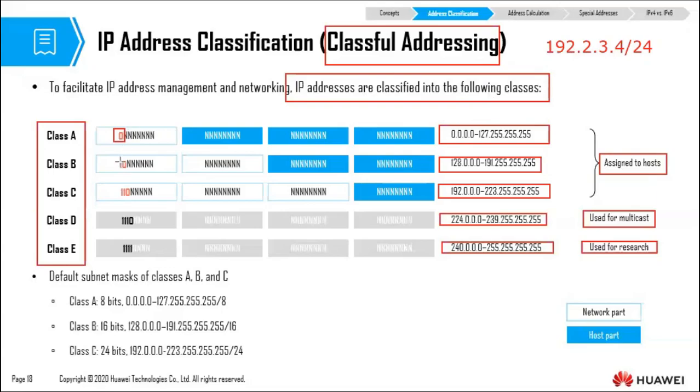If it starts with 10, then it is in class B. If it's 110, class C. 1110 is class D, and 1111, with 4 bits there, is a class E address. So that's one of the easiest ways to know which class a particular IP address belongs to.